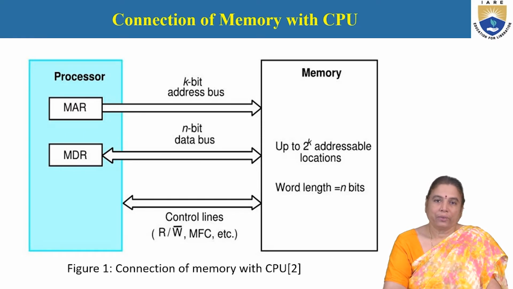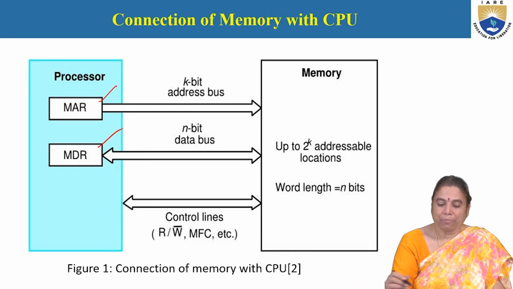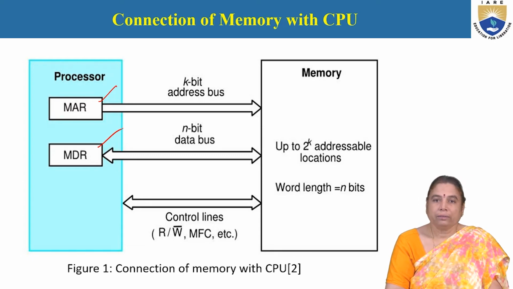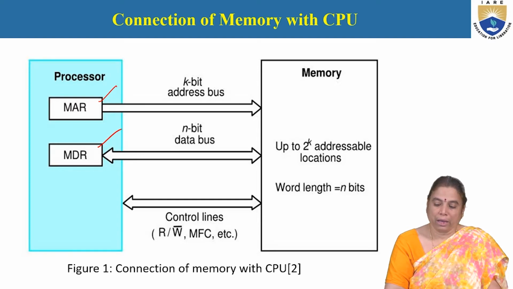So in the processor, two major registers are used to perform read and write operations on the memory. One is MAR, the second one is MDR. MAR is the memory address register. So the address of the memory location can be held in the register MAR.